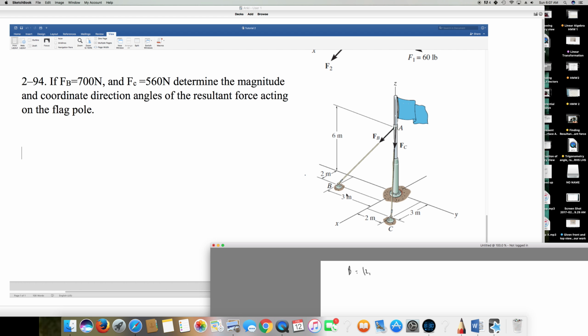So in this case y is -3, and it has no height, therefore z is 0.